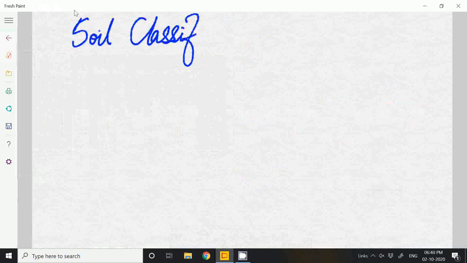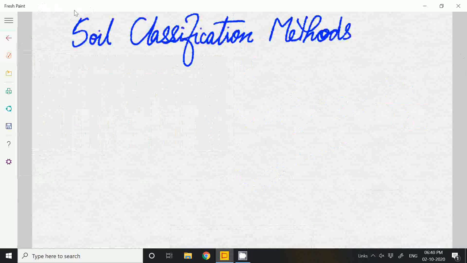We'll discuss a bit of soil classification methods from now. The first we will be discussing is the GI method, or we can say group index method.